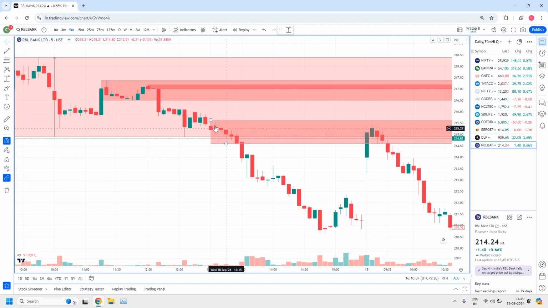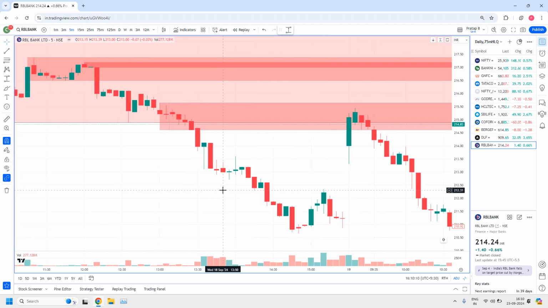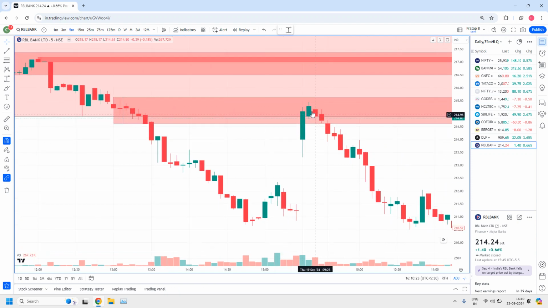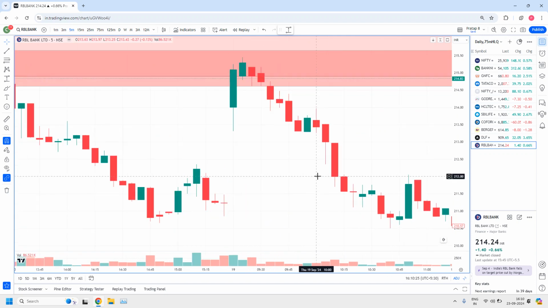But here see the structure is not good from a 5-minute point of view. So that's the reason I'm not comfortable, and couldn't fine tune the zone here. And the recent price action is also not really comfortable.